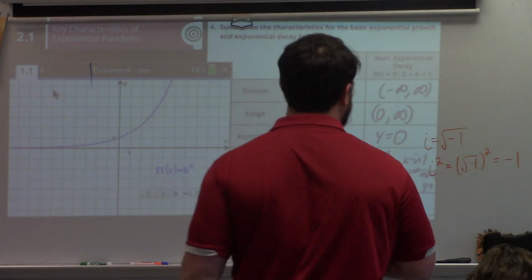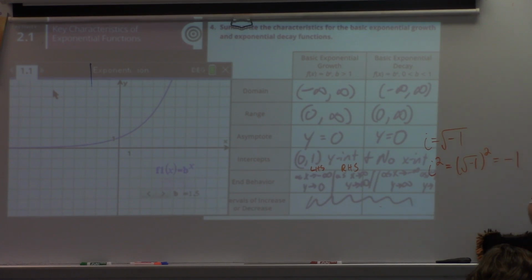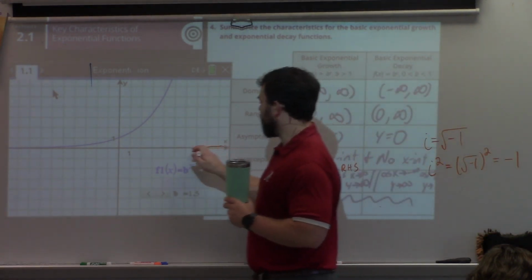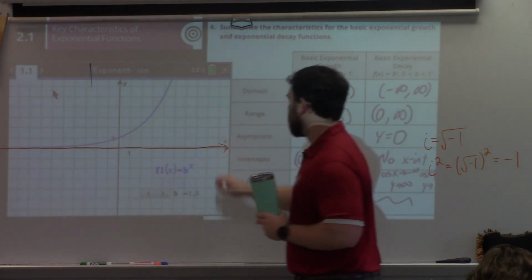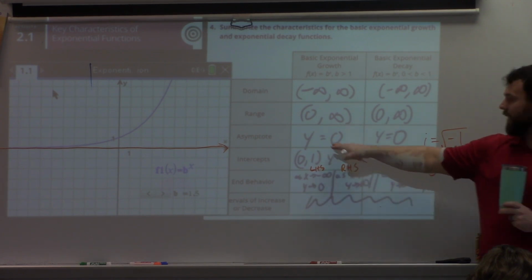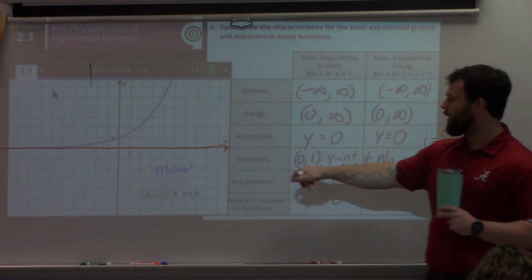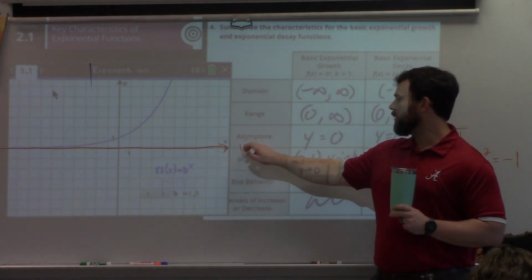In fact, I see it on Grace's page. What was it? The line the function approaches at infinity. Notice, here's a line. Is that function approaching that line at infinity? And notice that key language of approaching. Does it ever get there? No. And that's why we did not have an x-intercept. The asymptote is y equals 0 because what is the y value of the x-axis? 0.